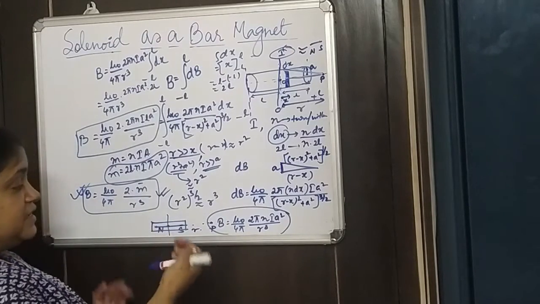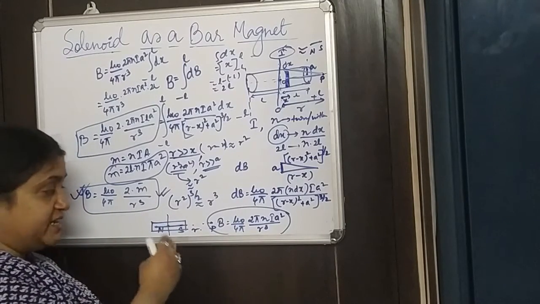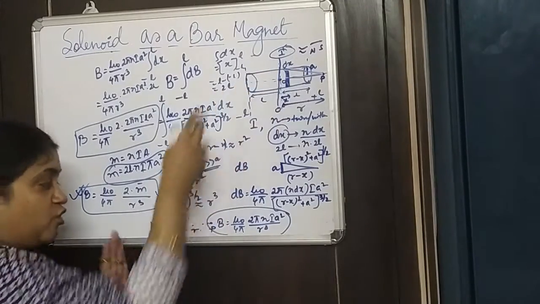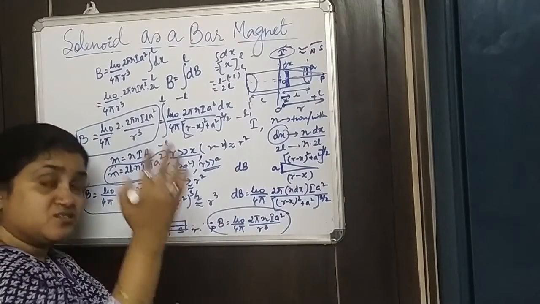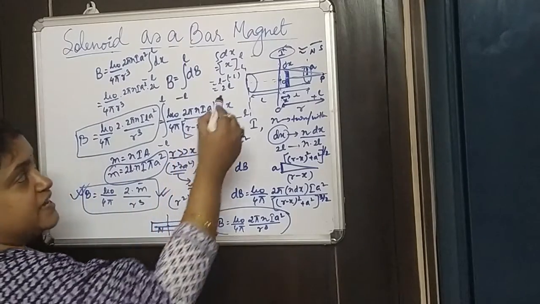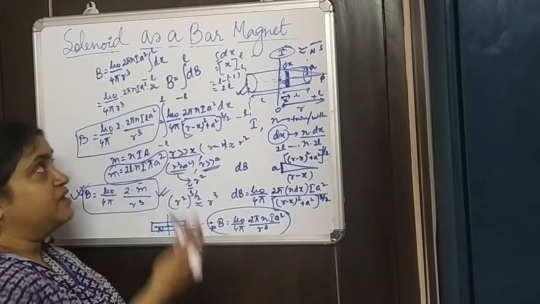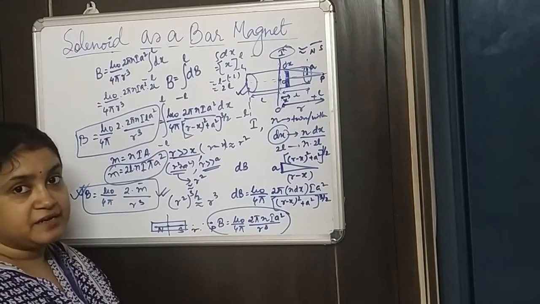So what we see is that the magnetic field produced on its axial line at a certain distance, at a point, due to a solenoid or due to a bar magnet is the same. It's not similar, it's totally the same. Therefore, we can say that the solenoid is nothing but a bar magnet, or the solenoid acts as a bar magnet.